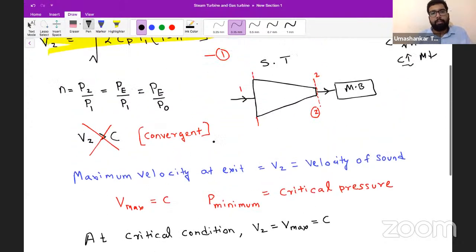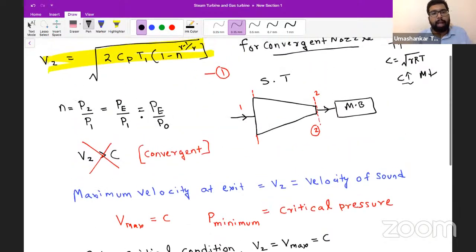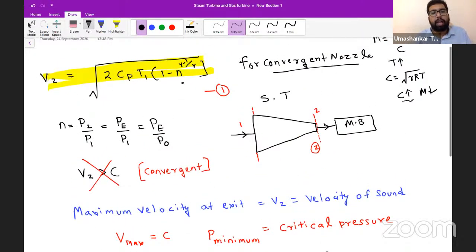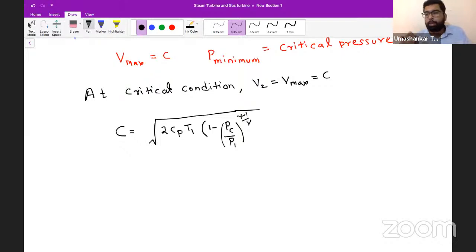So we have this, and let's call it PC by P1 to the power gamma minus 1 by gamma. Why am I using this PC? Because I am calling it the critical pressure. So I have put the value of the pressure ratio as PC by P1, assuming that now my pressure is reduced to the critical condition, PC.